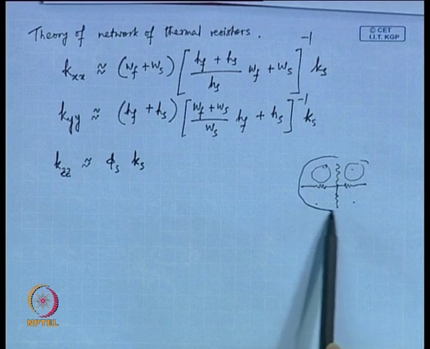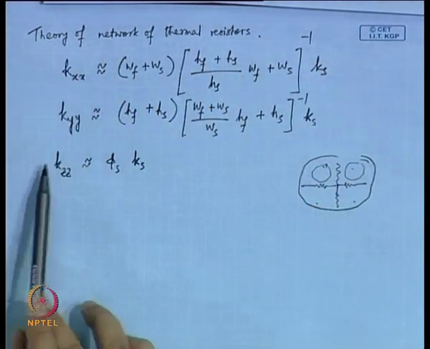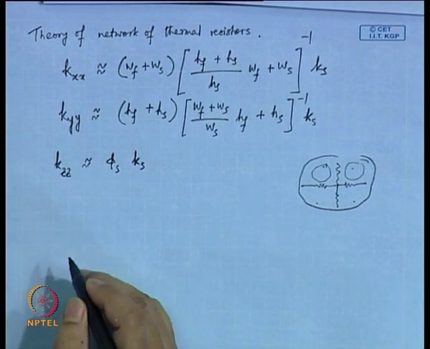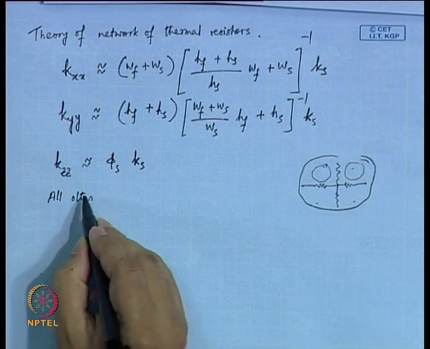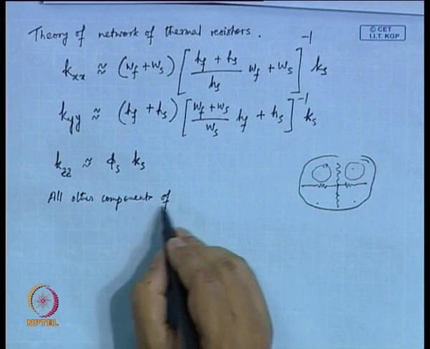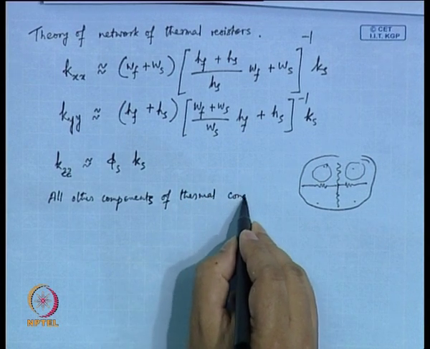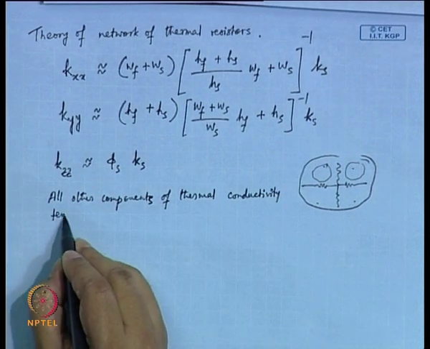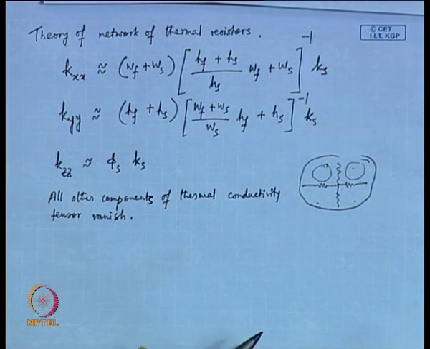There are certain theories, and researchers have already utilized those theories to come up with these expressions for Kxx, Kyy and Kzz, and all other components of the thermal conductivity tensor vanish.